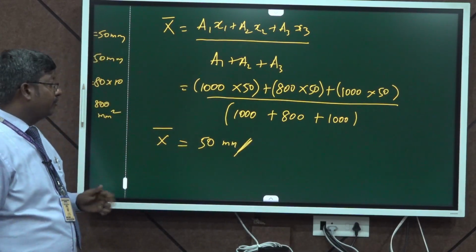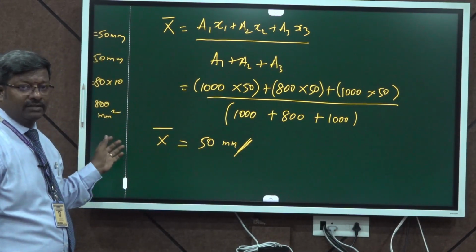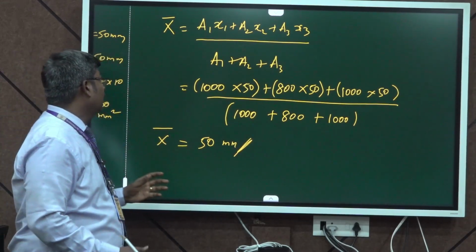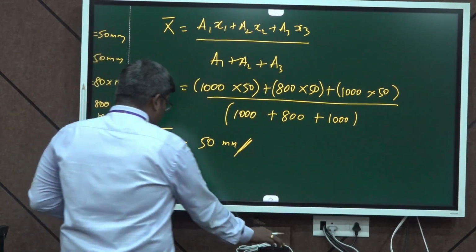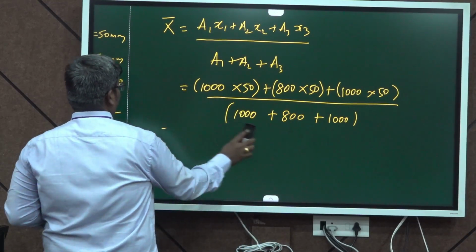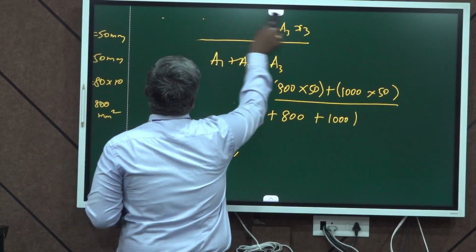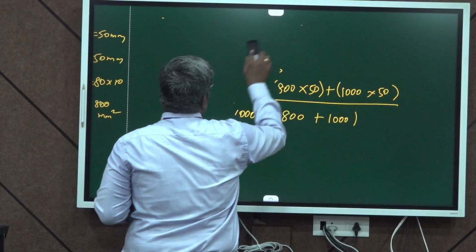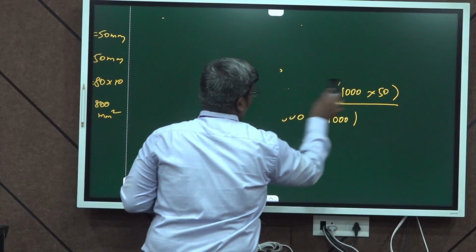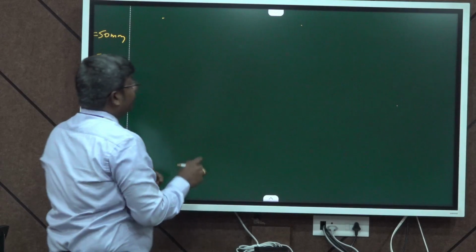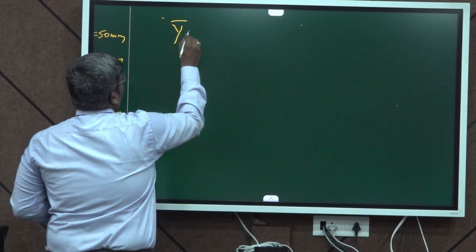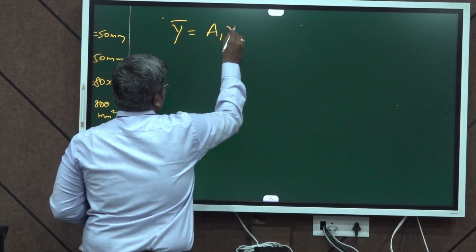Likewise, we need to find the y bar value, that is the center of gravity about the y axis for the entire figure. For this, the formula for the center of gravity y bar will be A1 y1 plus A2 y2 plus A3 y3 whole divided by A1 plus A2 plus A3.